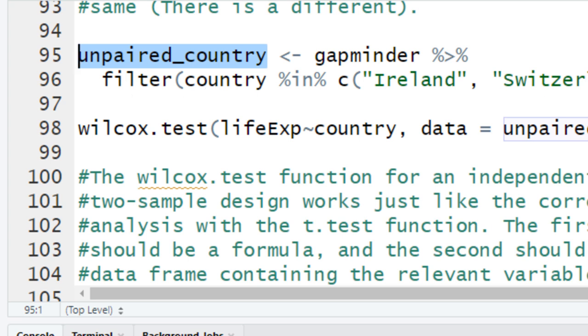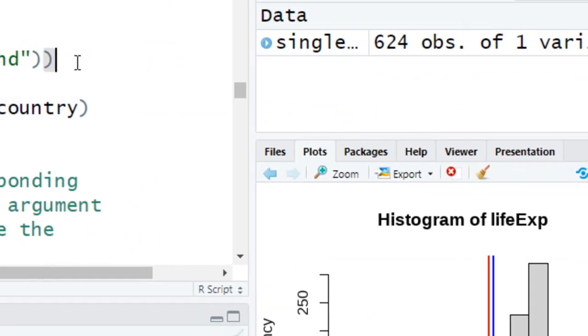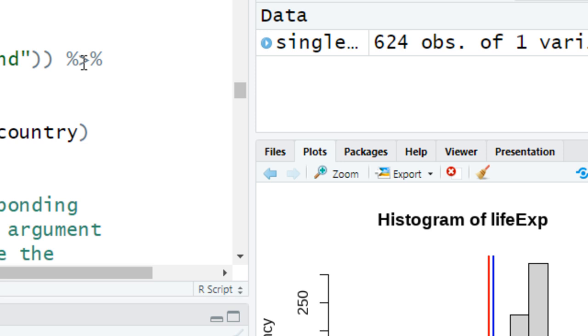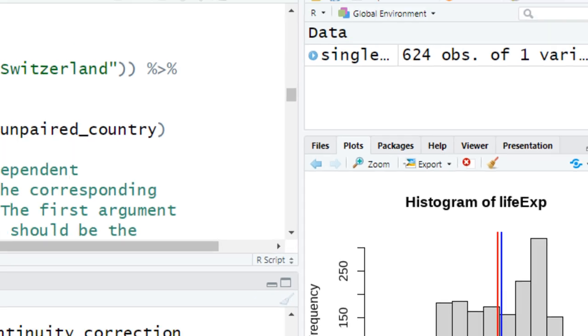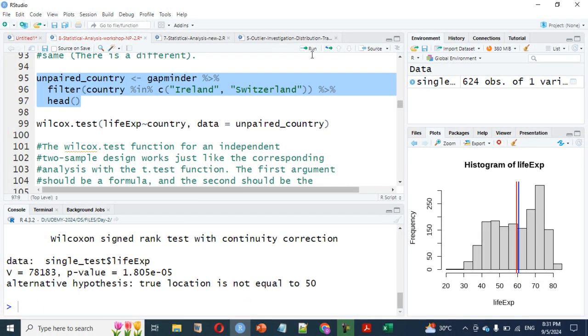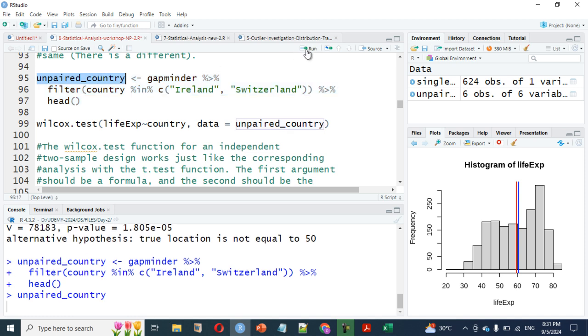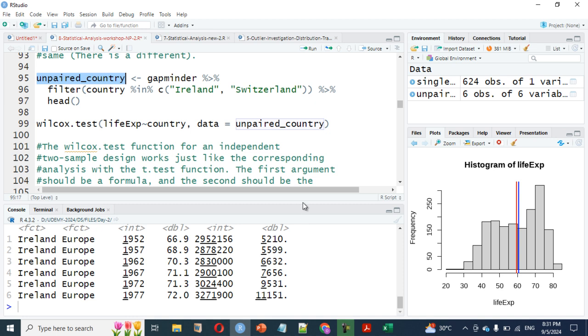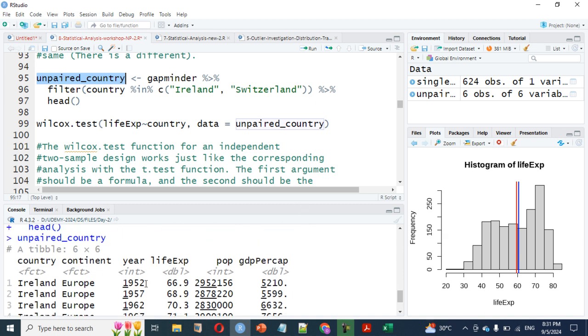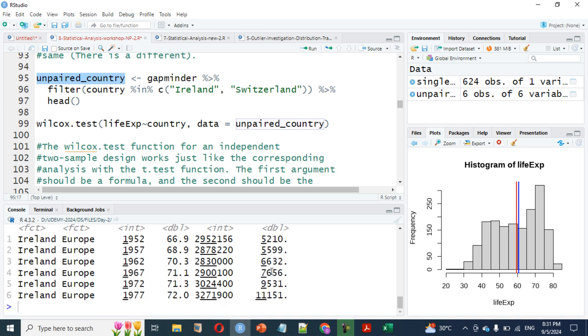We can also display it, like we did the other time. Let's just display the first 5. If I run this line of code, it should give me the first 5. Let me run this. Look at what we have: country, continent, year, life expectancy, population, GDP.